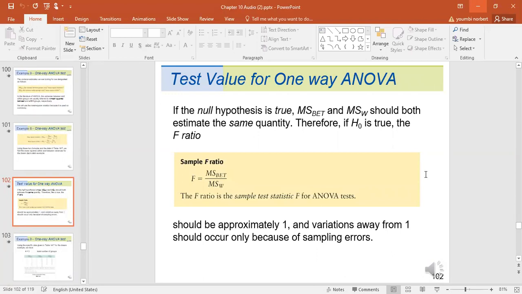So the test value now is mean square between divided by mean square within. Remember, there is between and within. Between is bigger than within. So when the populations come from the same variance, the ratio should be approximately 1.